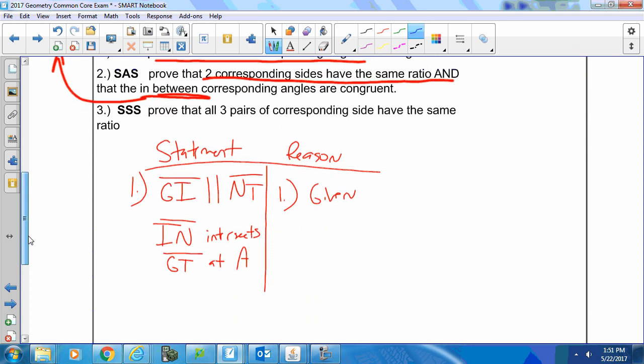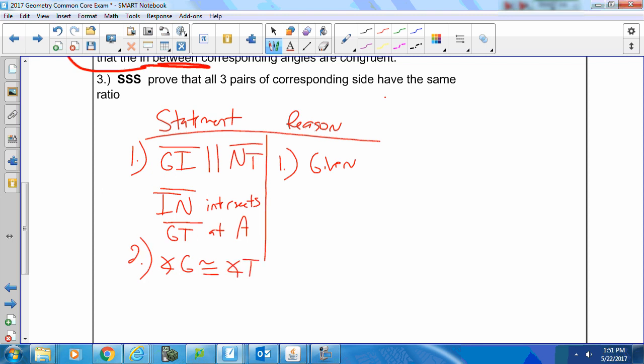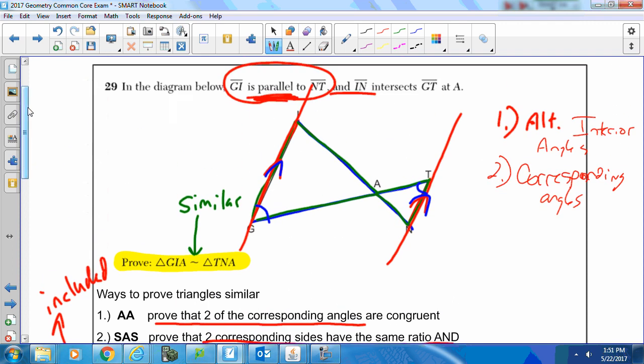All right, so we can say that angle G is congruent to angle T, and that's alternate interior angles, alternate interior angles congruent. And so then we have these two.